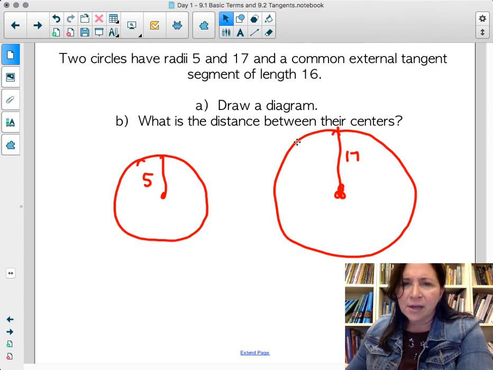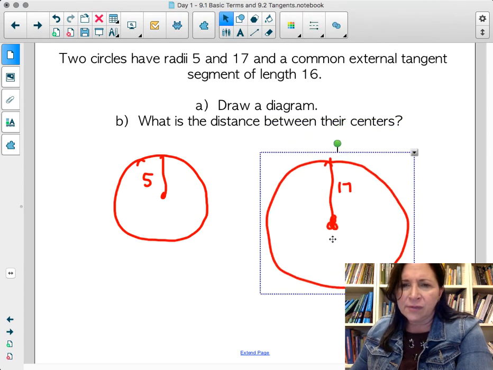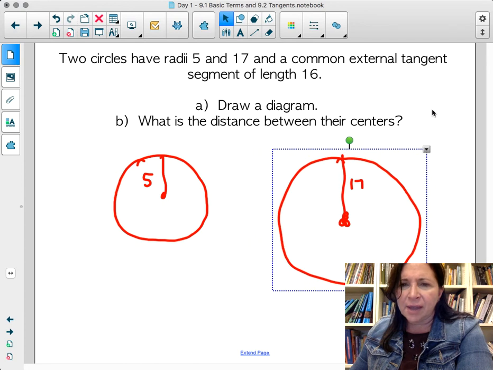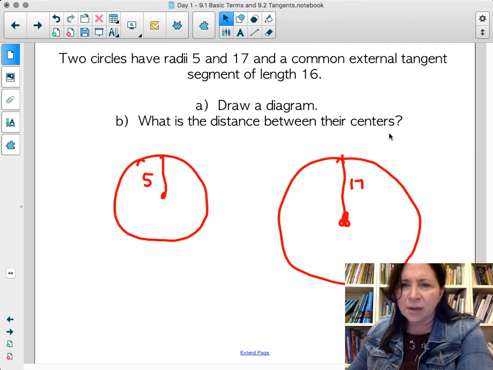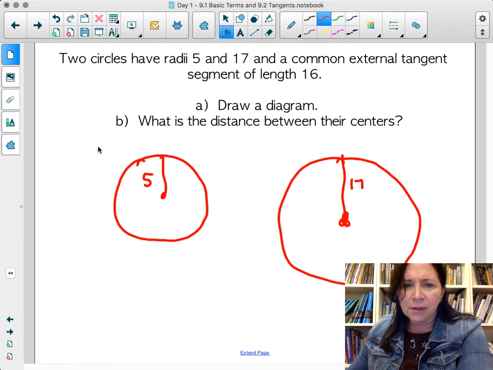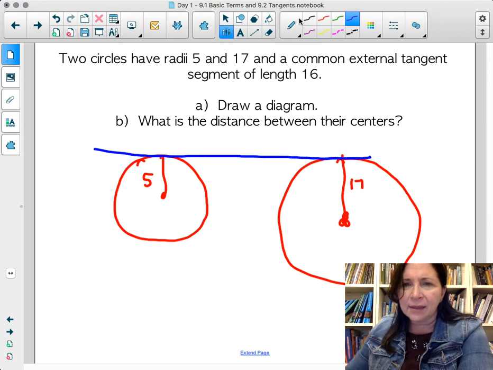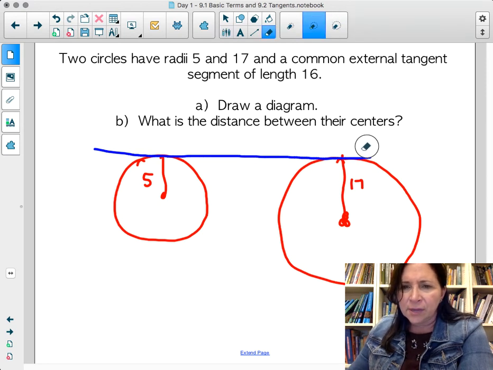So I'm going to move this down a little bit, because it just said I had an externally tangent line. By drawing that, I'm going to draw it like this. That length, I made it a little too big, is 16, is what it says. So I'm going to draw that in, and there's 16.